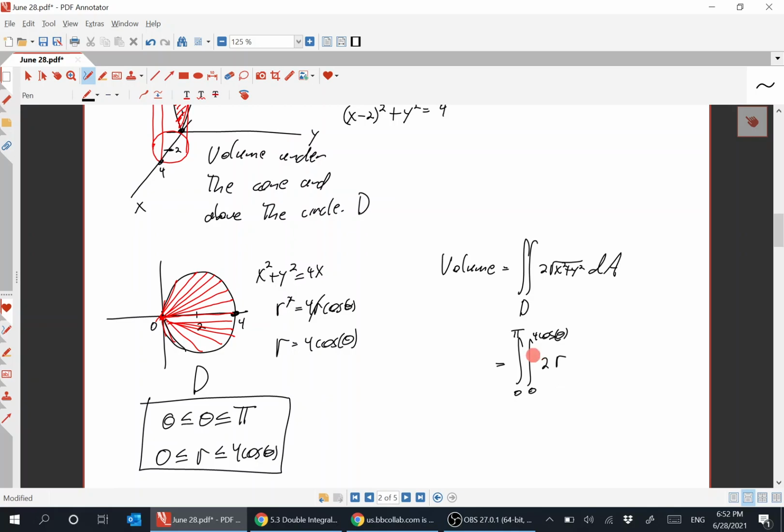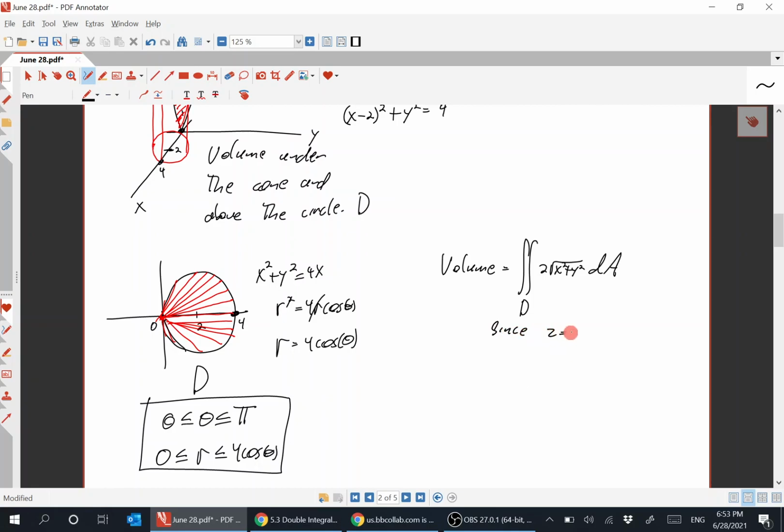So what we're going to do is the following. You have to take the positive square root. This is a positive quantity, square root of x squared plus y squared. So let's just do the integral over.